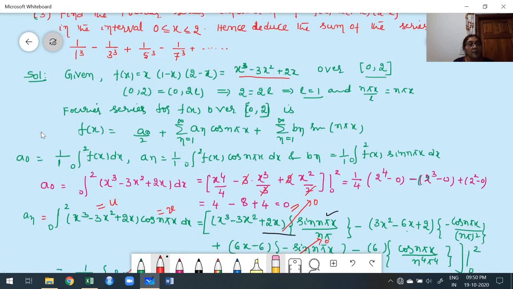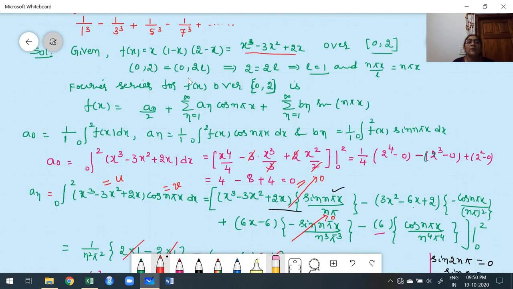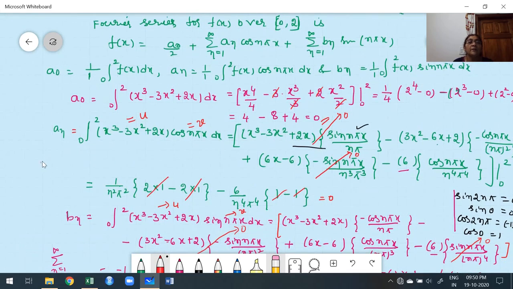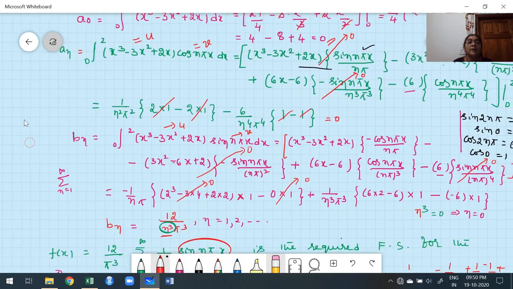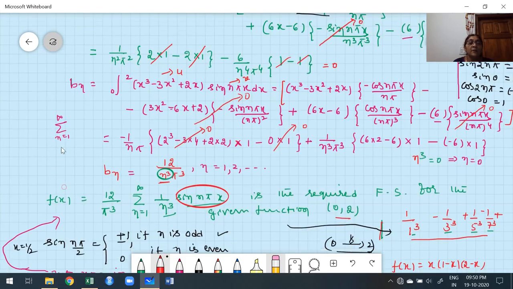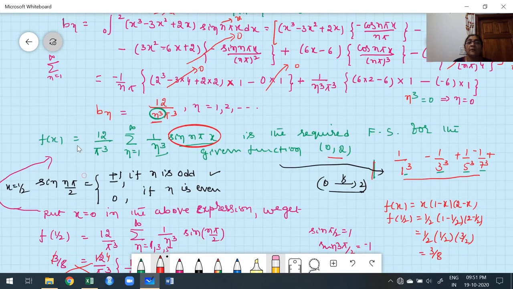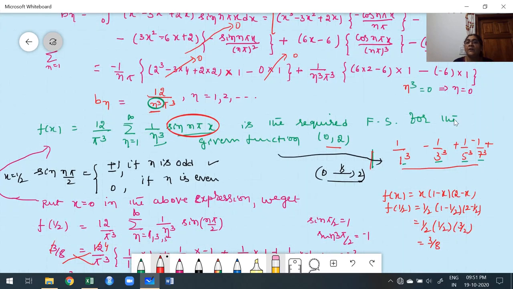Directly I have to construct. Before constructing, we have to find the value: 0 to 2 is equal to the upper limit, so we get L is 1. Based on that, I have to calculate A0, AN and BN. Once we get BN, we substitute. That is our required Fourier series for the given function over the given interval 0 to 2.